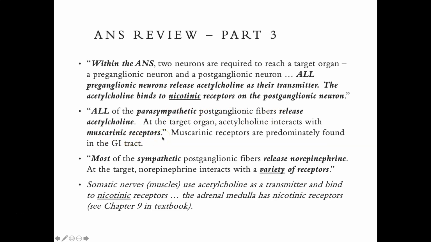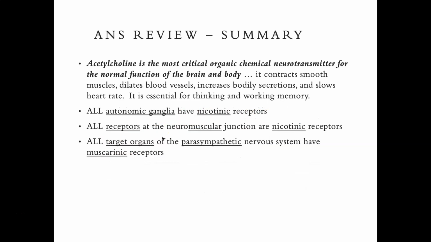So that's why acetylcholine is so critical. It contracts smooth muscles, it dilates blood vessels, it increases bodily secretions and slows heart rate. It is essential for thinking and working memory. Make sure you know that. Make sure you know what acetylcholine does, because that will help you when you're starting to think about drugs. You'll think about whether they're cholinergic or adrenergic.